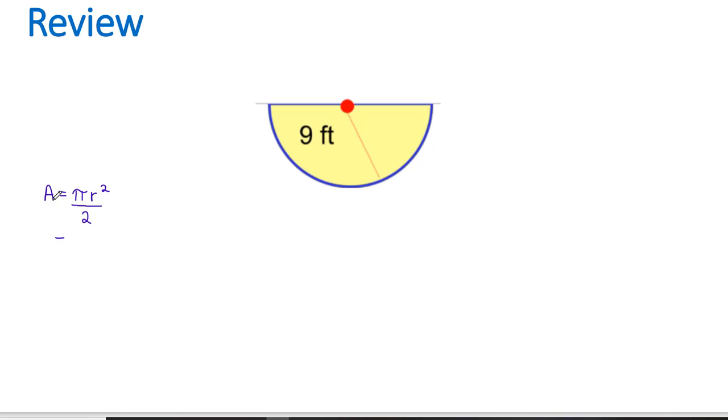So we're going to take 3.14 times 9 squared, and then divide that by 2 after we solve the numerator portion. So 3.14 times 81, which is 9 squared, divided by 2 gives us an area of 127.17 square feet.